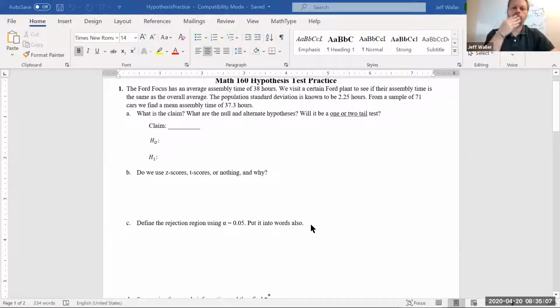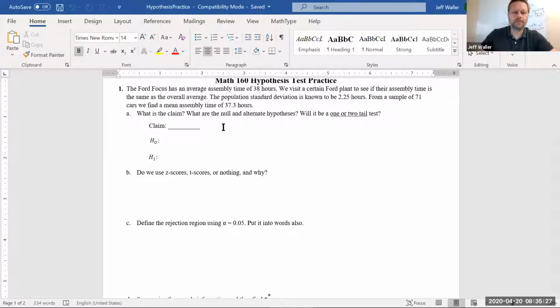All right. Can you guys do the first couple steps on this problem? Does everybody see the problem now? It's about Ford Focus. Can you see that problem? Yes. All right.